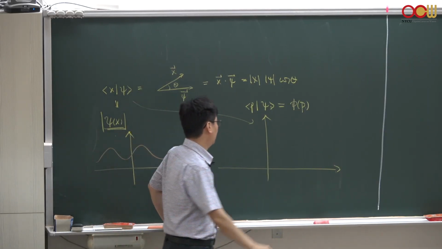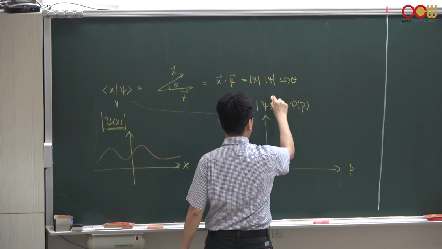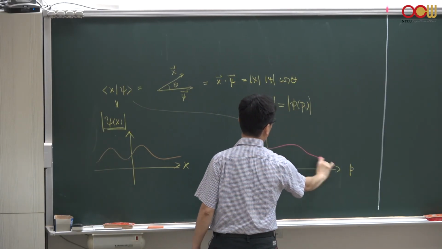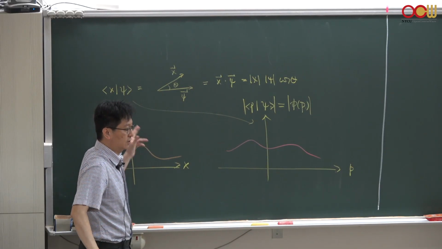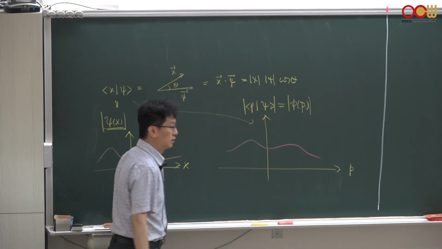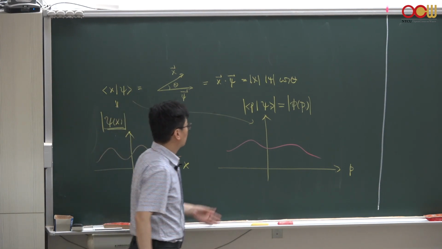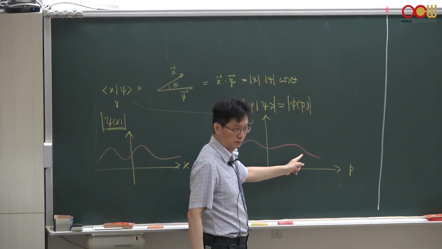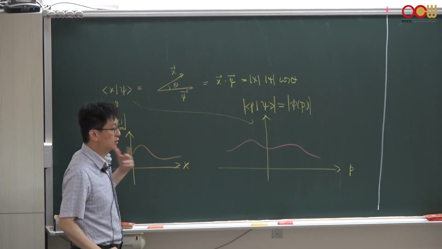Remember that, okay? And I can again study the probability distribution of this state psi when I project it onto the momentum eigenbasis, and this tells us the probability distribution of finding this particle at any particular momentum p. This is what I call this projection.